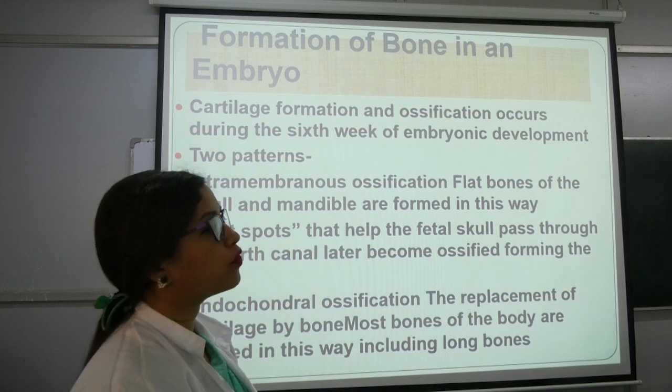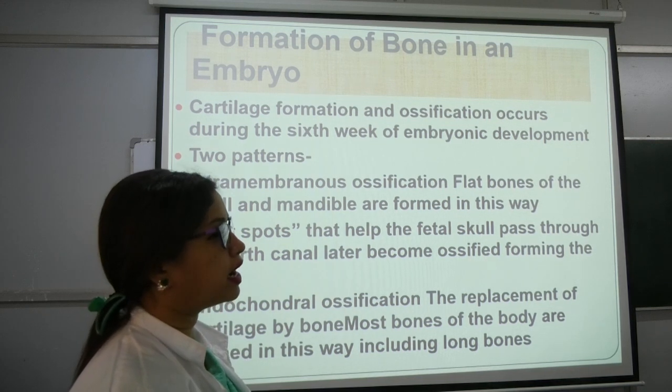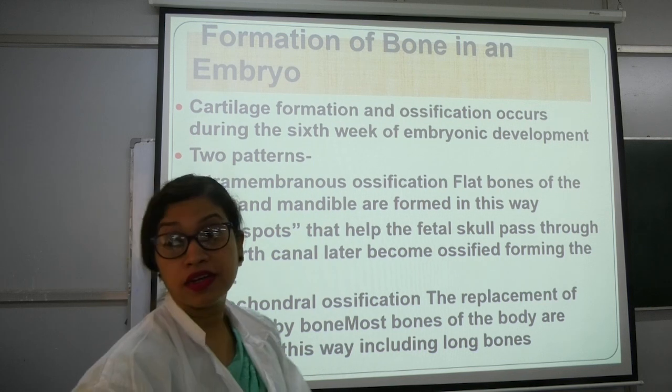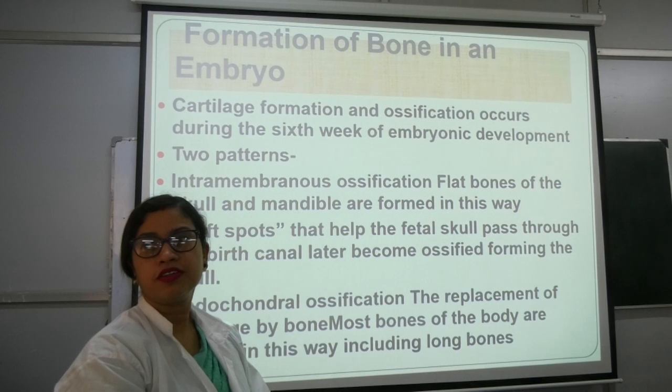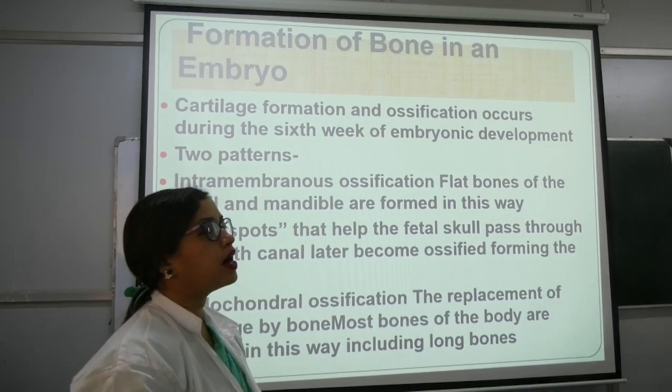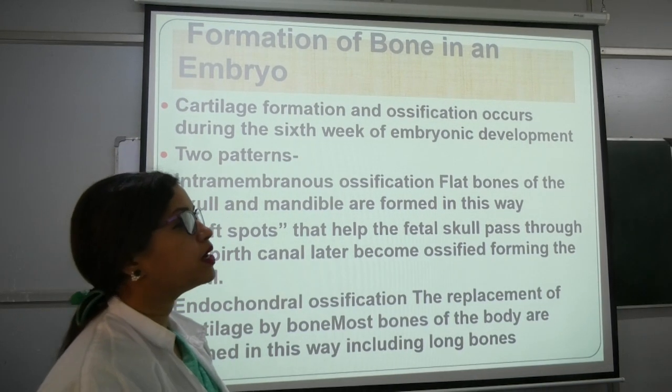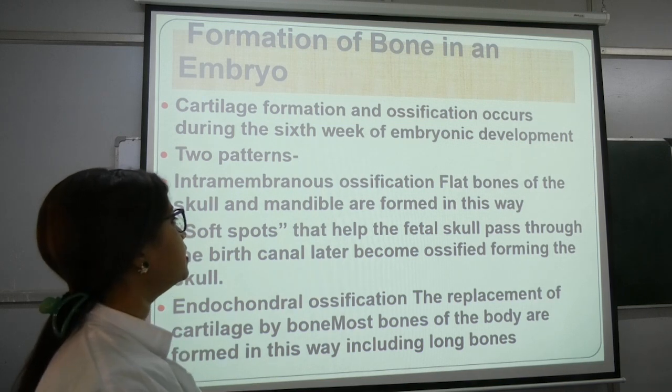These are formed from the membrane, not from the cartilage. So 3 parts: one is mandible, another one is clavicle, and the third one is the skull bone.